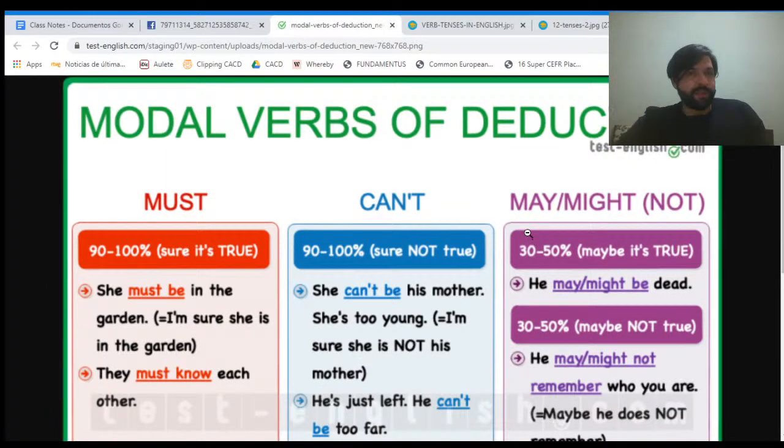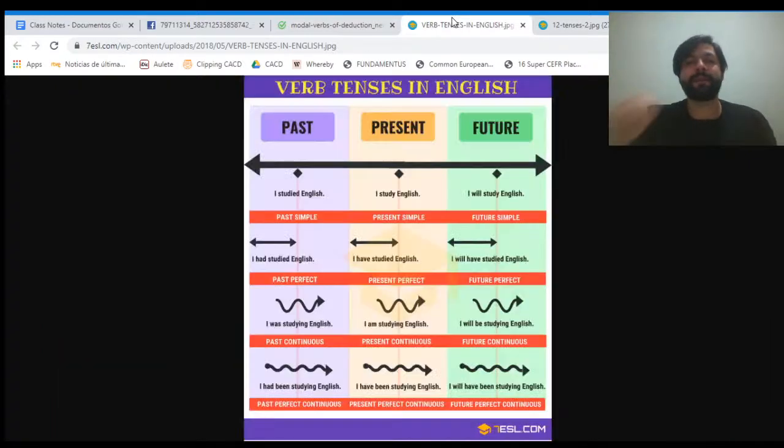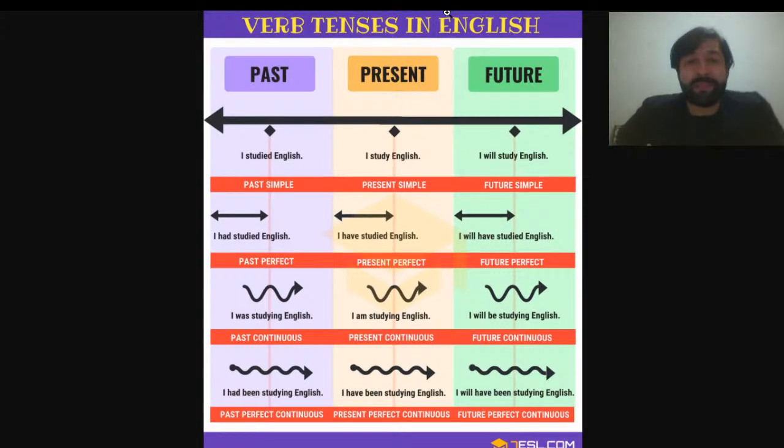So we had the modals of deduction, and now the last but not least, the verbal tenses in English. So I chose this picture, okay. I had lots of options to show you, like presentations and lots of things to review the verbal tenses, but I decided to make it very simple.